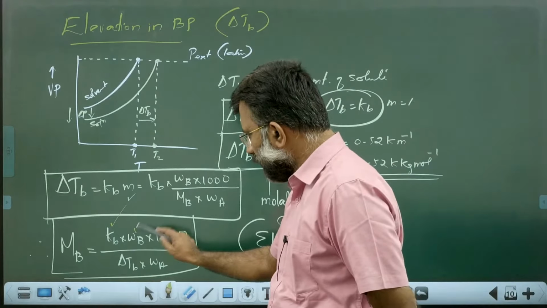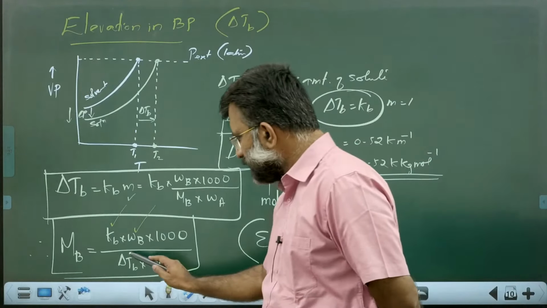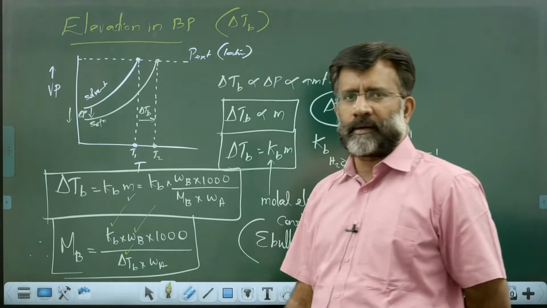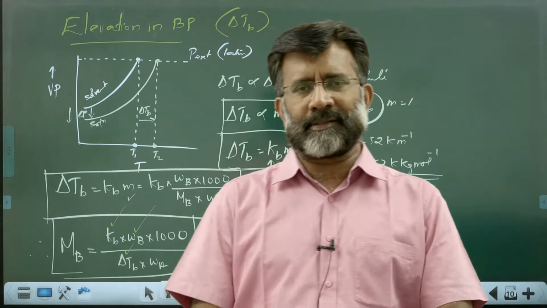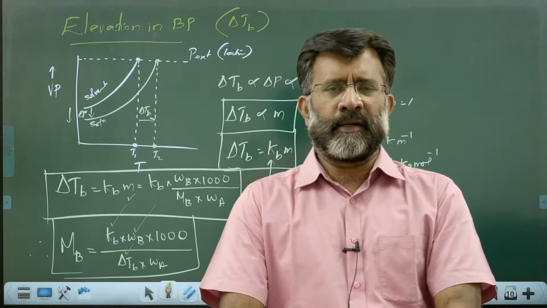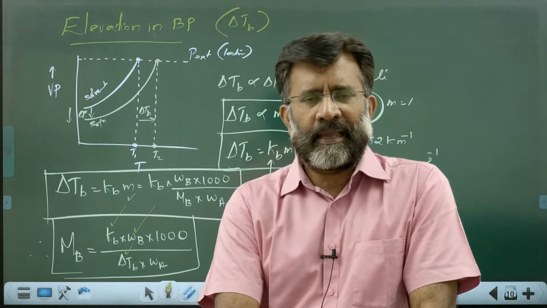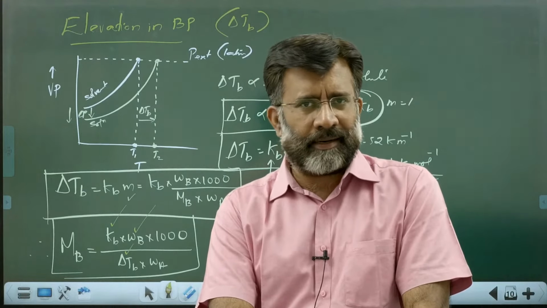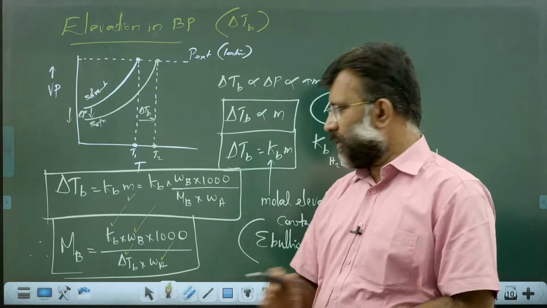You must note down the weight of the solute that you used to prepare the solution. You must find out delta TB. Delta TB can be calculated by using Beckmann's thermometer, which is used for finding small differences in temperature. And the weight of solvent also you can note down. Then you can find out Mb.